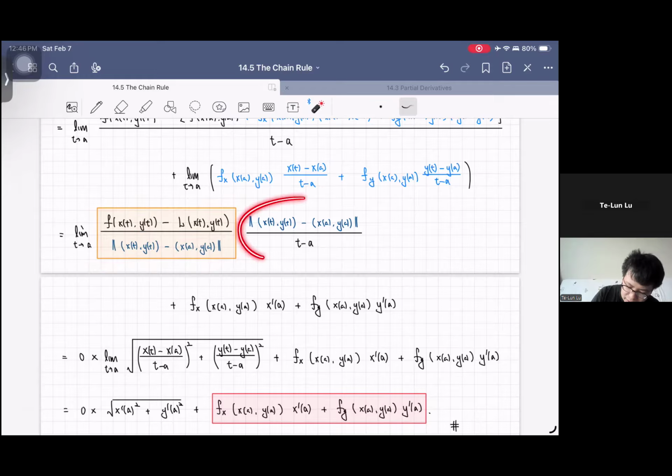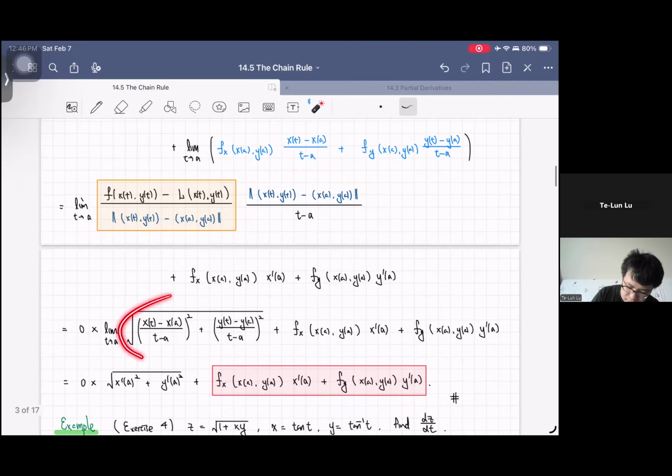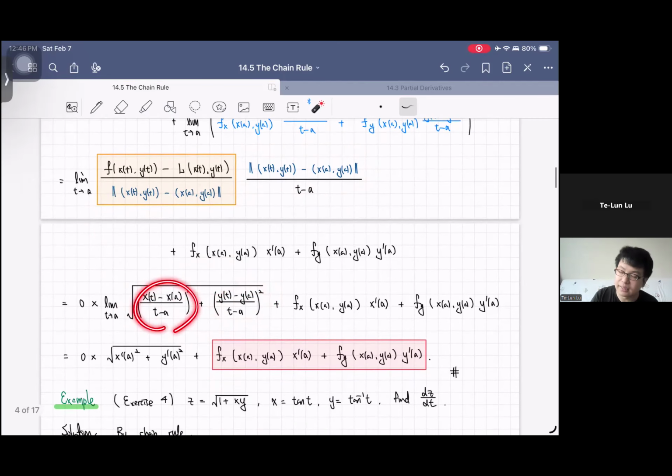Similarly, this term actually looks like this. You can see that by the definition of the Euclidean distance, this is x of t minus x of a squared together with y of t minus y of a squared. And by removing the t minus a inside the square root, you get this term and this term. But those are stable in the sense that they do not blow up, so they do not have anything to do with the zero here.